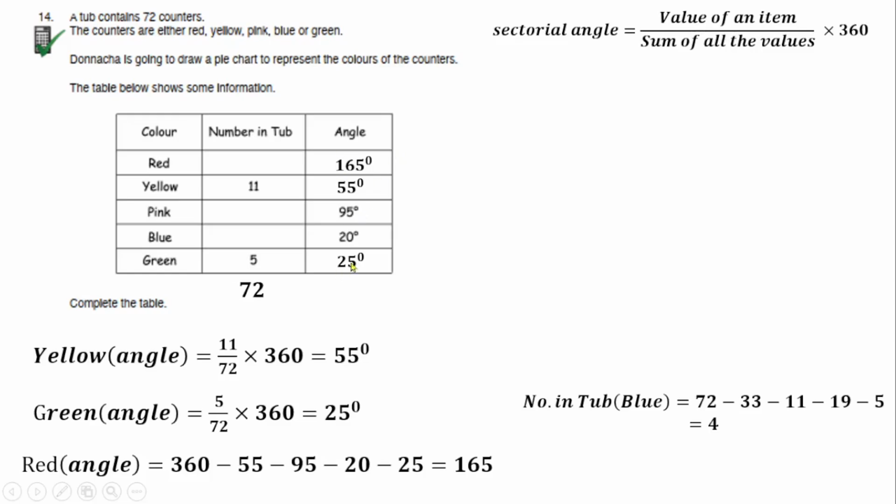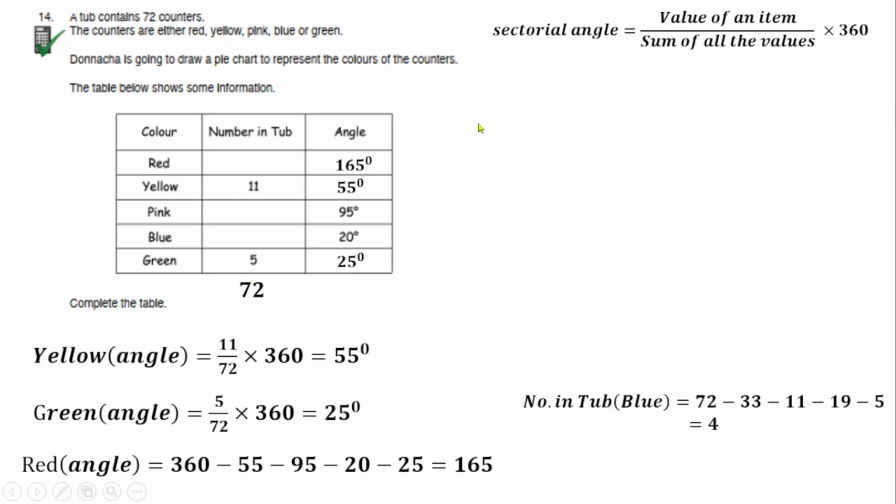So that is completed. Now the only thing that is left is to find the number of tubs for red, pink, and blue. So how do we do that? We need the formula to do that. For red, we know the sectorial angle is given, which is 165, equals to the value of the item, the frequency, which we are looking for, over the sum of all the tubs, which is 72, times 360.